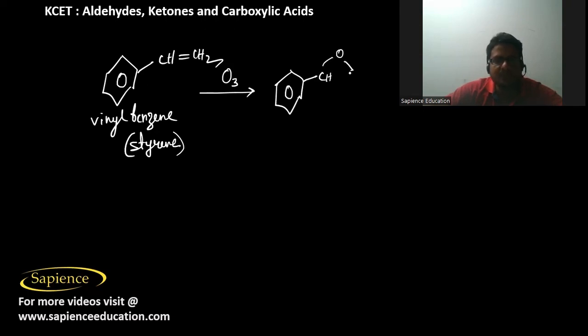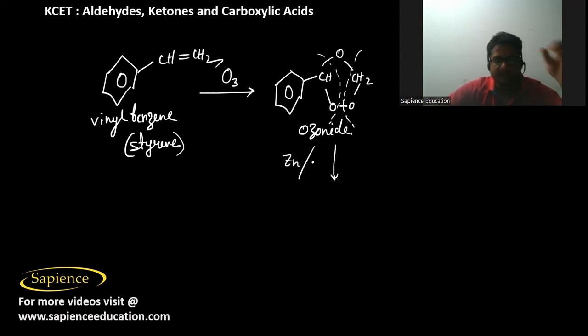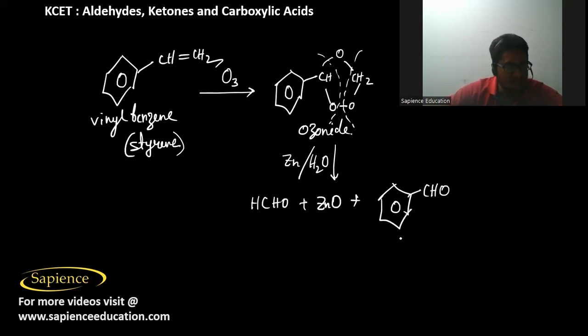It will separate here, and in the presence of zinc and H2O, from here it will form HCHO, which is formaldehyde, and zinc oxide, and it will form benzaldehyde, C6H5CHO.